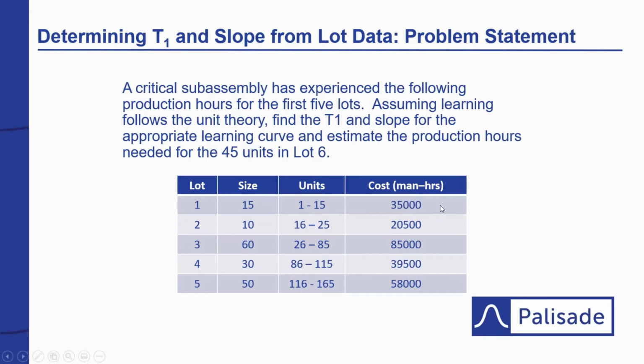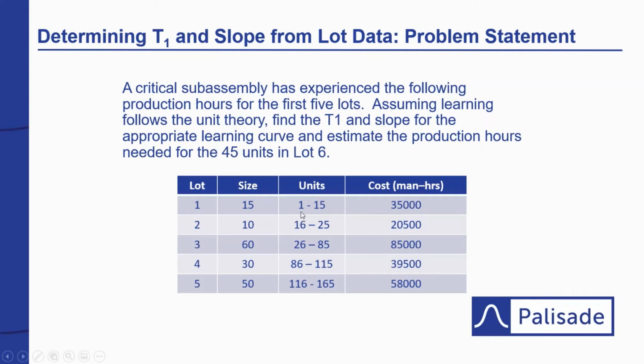It presents us with a different algebraic issue though, and that's that I know that represents 15 units being produced, but if I divide that by 15, all that gives me is the average cost of those 15. It doesn't give me the specific cost or man hours of any one of them. And they are not the same because we're claiming that there is some learning improvement taking place here.